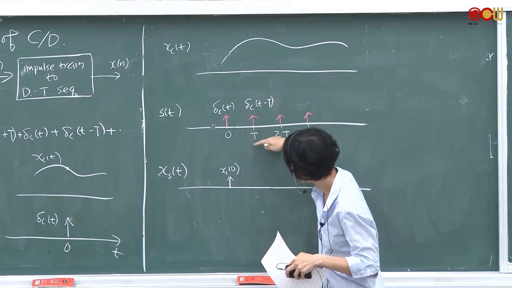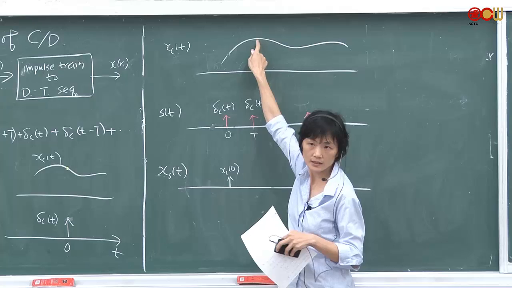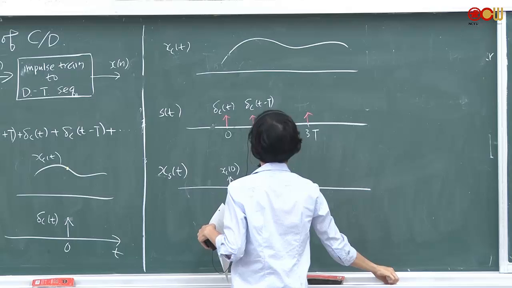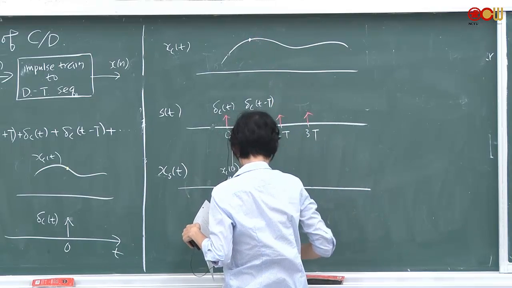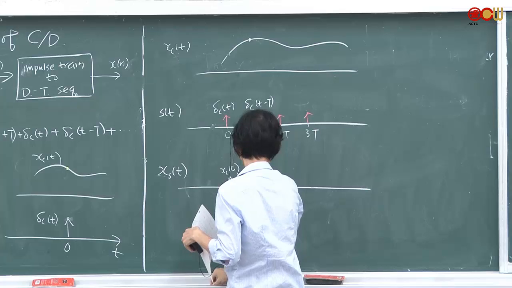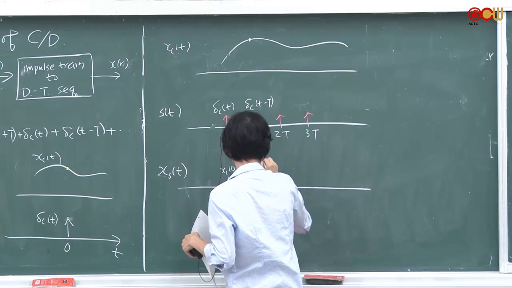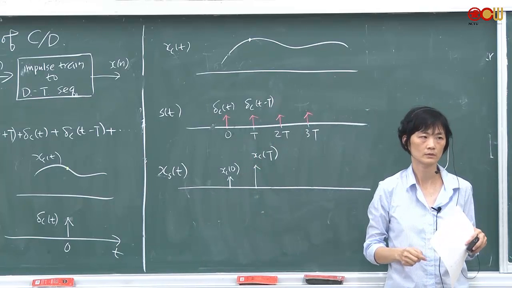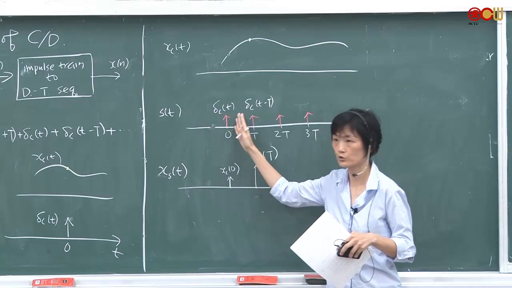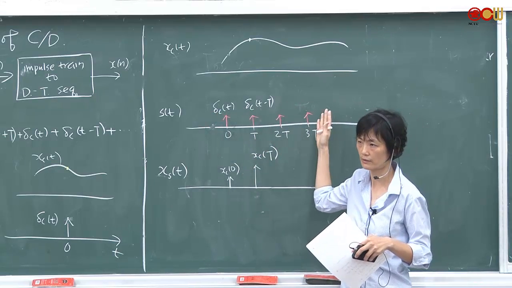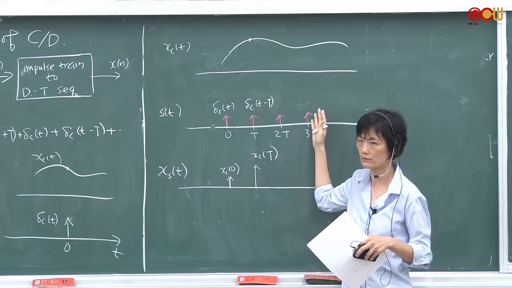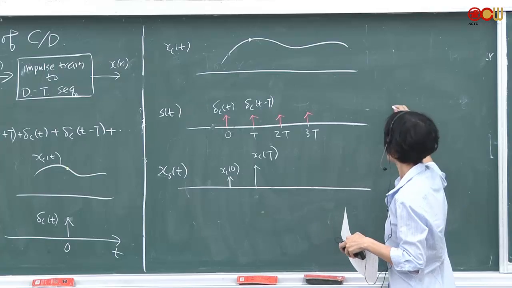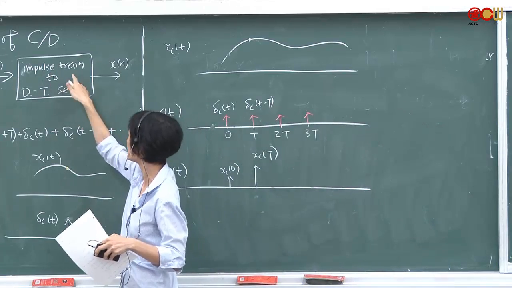And now when you multiply this impulse with xct again, we get another impulse, but this time it's going to carry the value of xc at time equal to T. So here's another impulse, and this is going to be xct, like so. This is what we call an impulse train. 就是一连串的这样子的 impulse，我们叫 impulse train.